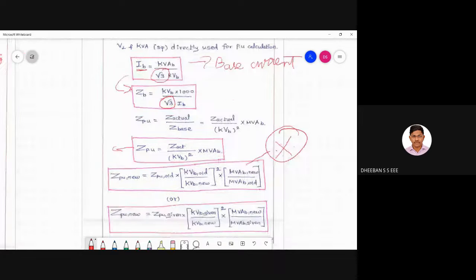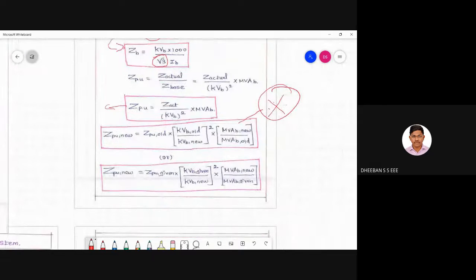Okay, so while going with the problems, you'll understand this per unit concept very easily. So if you want to find, as I said, you can take bus 2 as a reference.